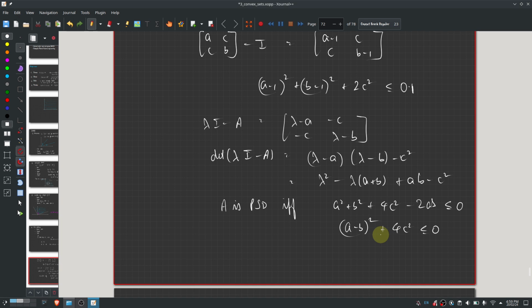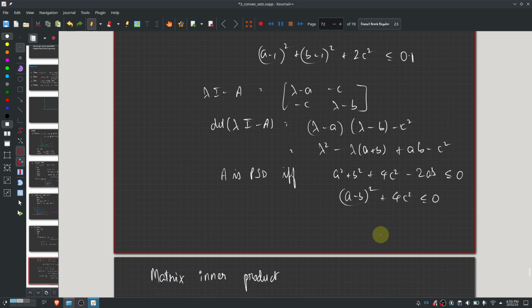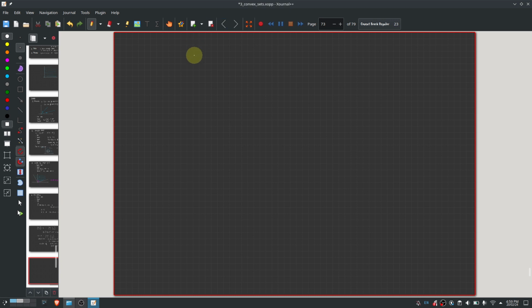So what conditions do you get? You want A plus B to be greater than or equal to 0, and AB minus C square is greater than or equal to 0, or AB is greater than or equal to C square.